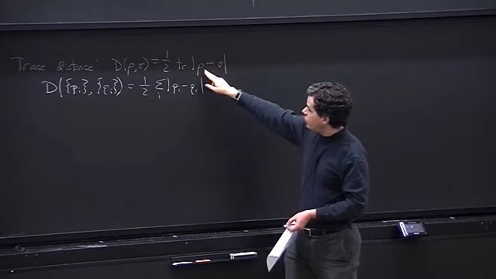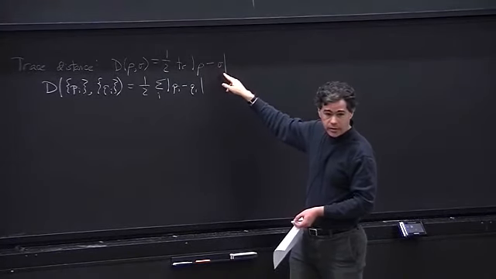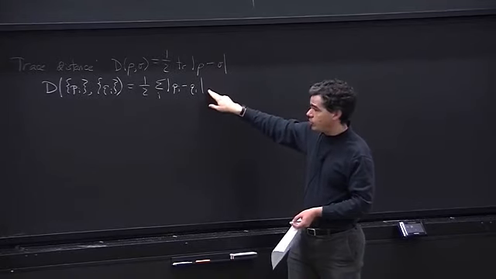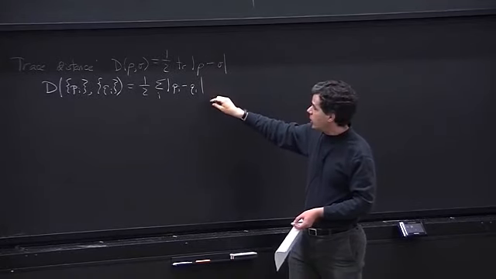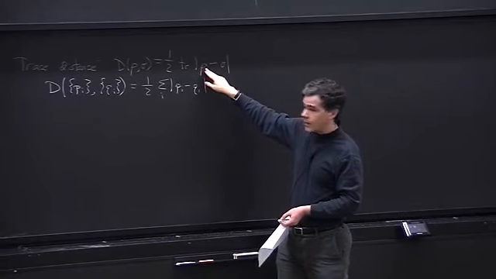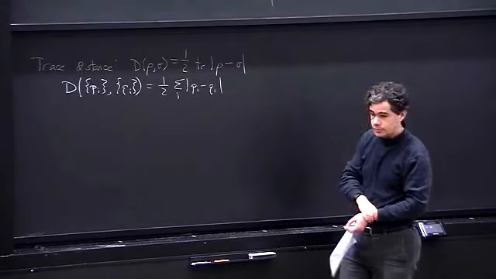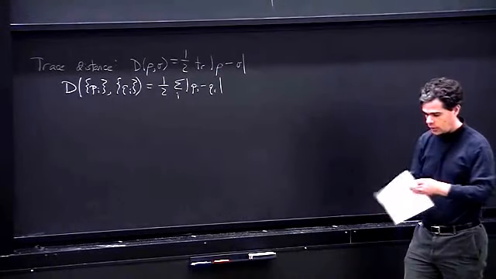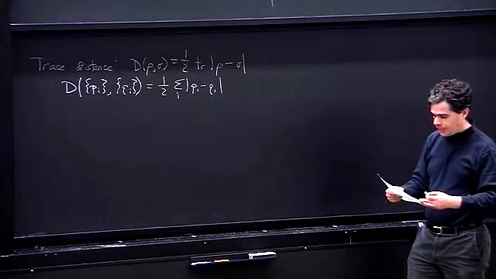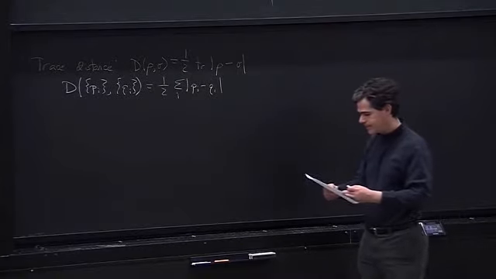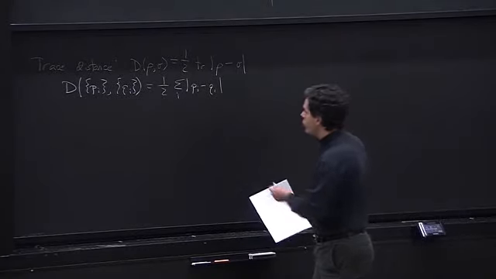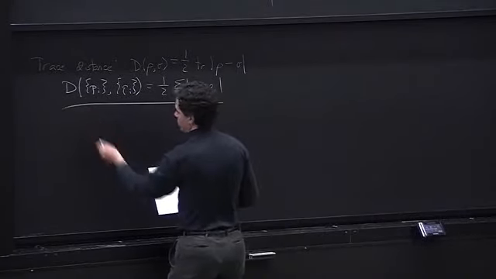And in particular, in the case where rho and sigma are simultaneously diagonalizable, you immediately see that this thing reduces to this thing, right? Because then the p_i's are the eigenvalues of rho and the q_i's are the eigenvalues of sigma. Okay, so this trace distance also has an operational interpretation.